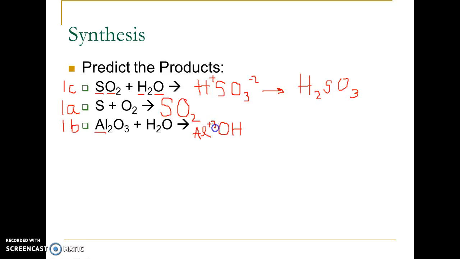Aluminum has a +3 charge and hydroxide has a -1. They do not balance out, so I'm going to have 3 hydroxides. So my overall formula for aluminum hydroxide is Al(OH)3. Looks like this.